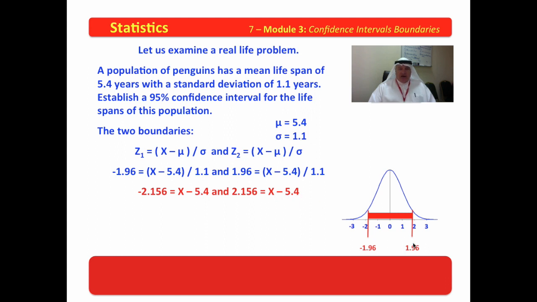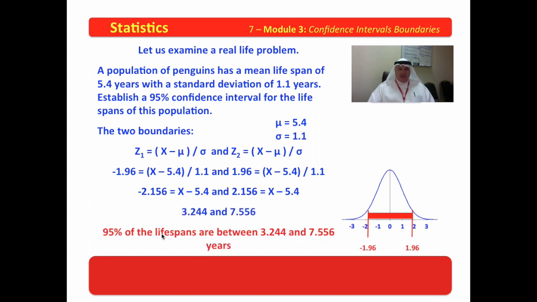Now we're going to add 5.4 to both sides, and we come up with 3.244 and 7.556 are equal to x. So we know that 95% of the lifespans are between 3.244 years and 7.556 years.